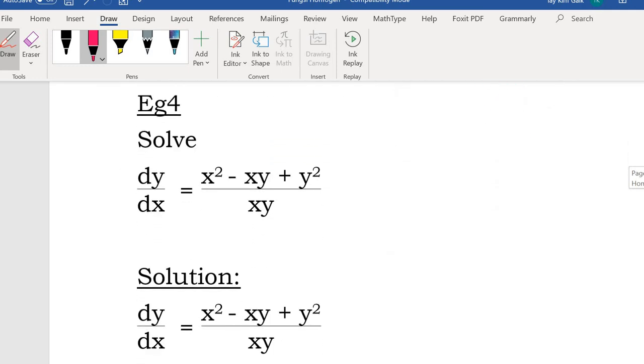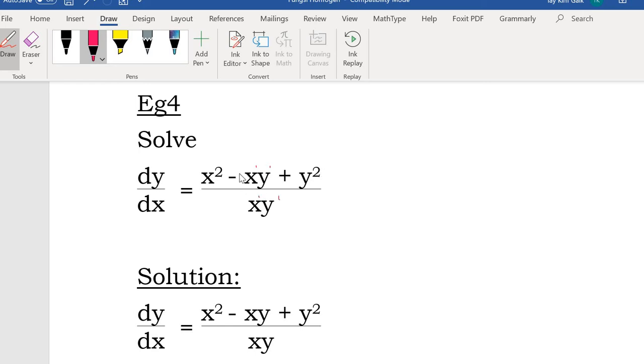Let's look at 2 examples for the homogeneous equations. Solve dy/dx equal to (x squared minus xy plus y squared) over xy. In shortcut, I can confirm this is a homogeneous equation because each term has the same power: x squared is power 2, here x power 1, y power 1, total is power 2, y squared power 2.